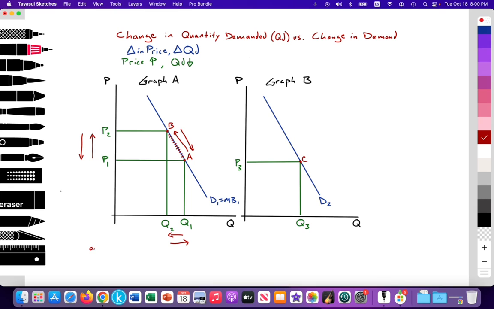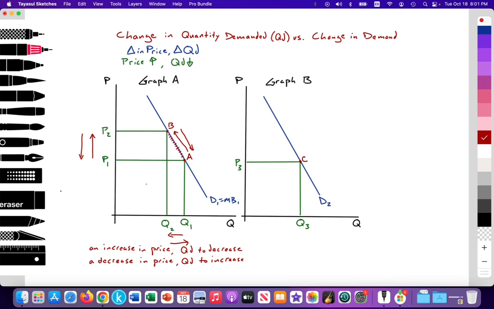An increase in price leads to the quantity of demand to decrease. And a decrease in price leads to the quantity demanded to increase.